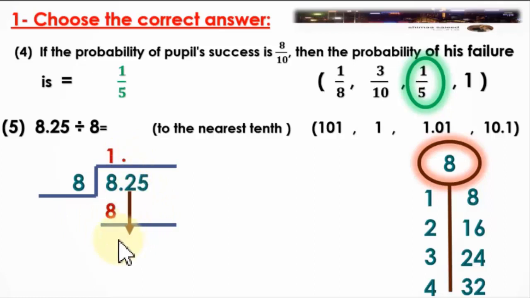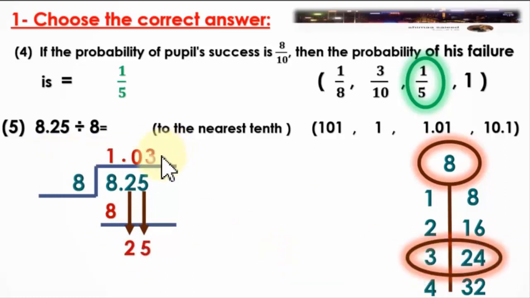Drop down 2. 2 is less than 8, so we will put 0 and drop down 5. 25 divided by 8 equals 3. Write 3. Then multiply 3 by 8 equals 24. Subtract again, which is 1. Okay, that's enough because we want to approximate this number to the nearest tenth. 3 will not increase the value of the tenths place, so cancel 3 and we will write 1.